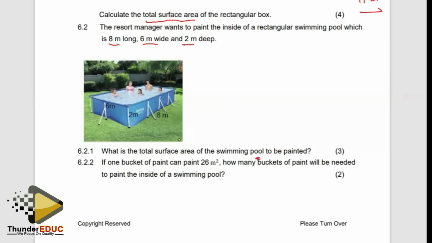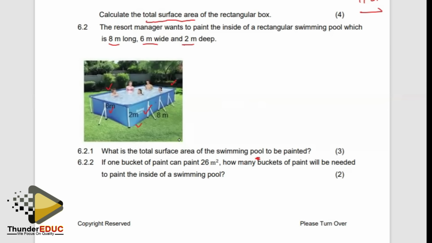Now, if you're painting the inside, you're going to paint 1, 2, 3, 4, and then the bottom, which is 5. So out of the 6 faces, we're only painting 5 faces.